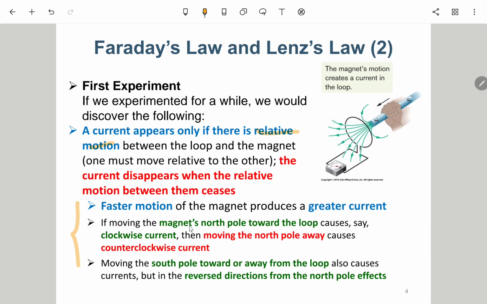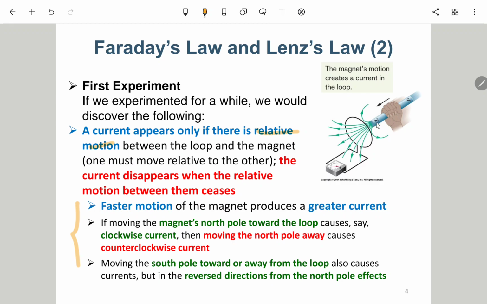Actually, this is just as what the previous page says. And here, moving the south pole towards or away from the loop also causes current, but in reverse direction from the north pole effects. Okay, so which means that which pole of the magnet we are facing this coil is actually important.